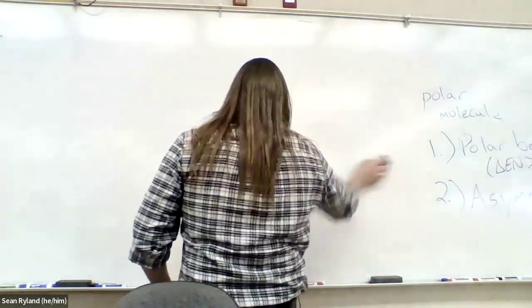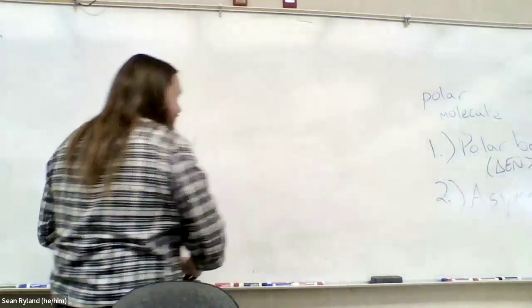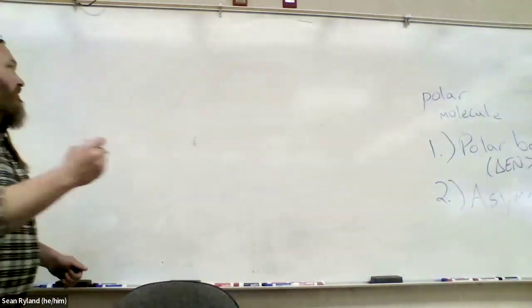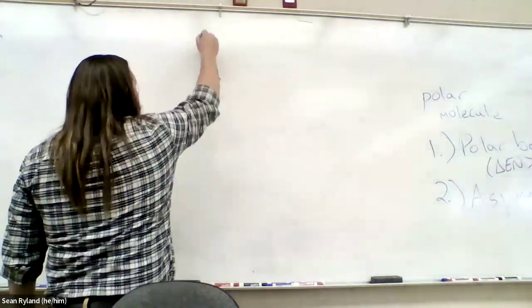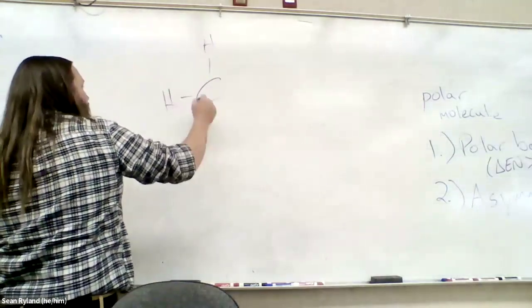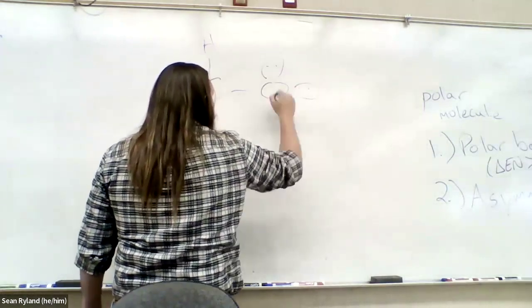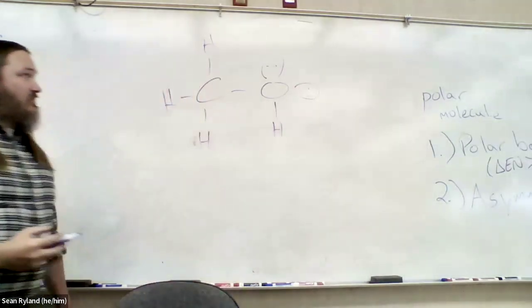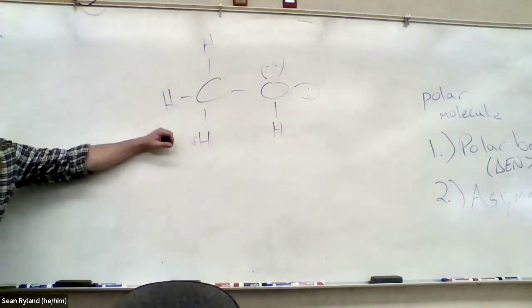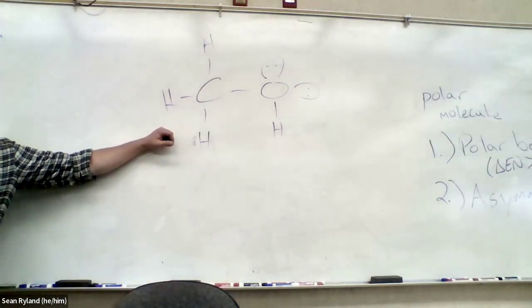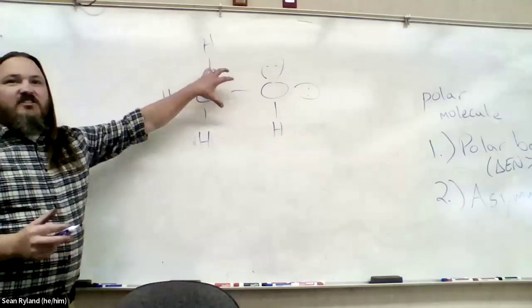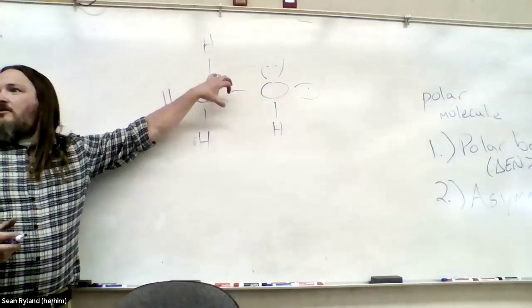So for instance, we have another polar molecule, like say methanol is a good example. Lewis dot structure for methanol looks like this. That kind of looks like a water, doesn't it? A water with this extra CH3 attached to it.